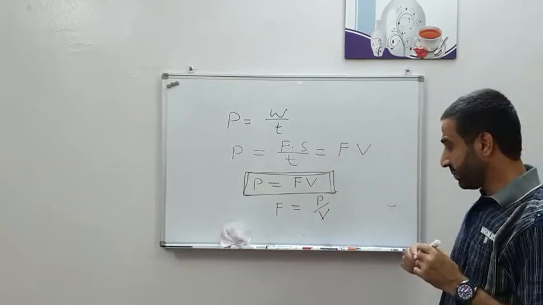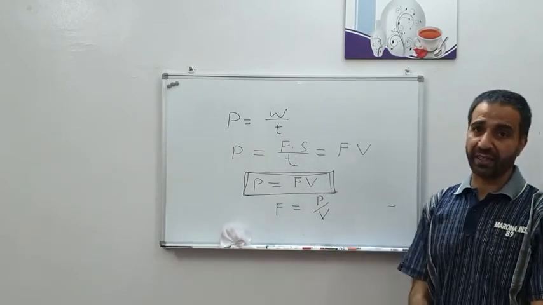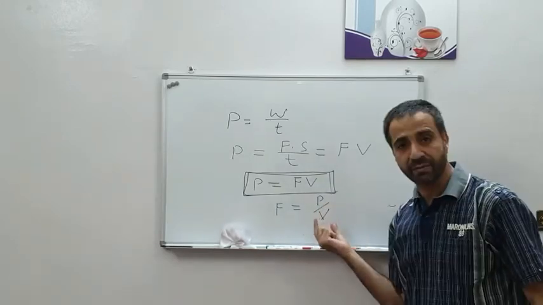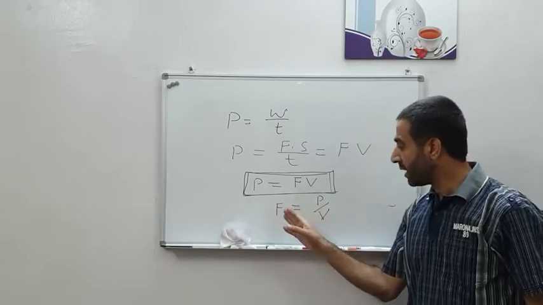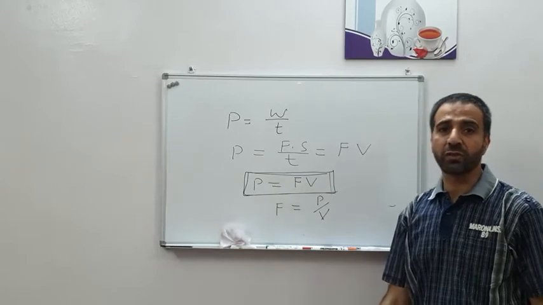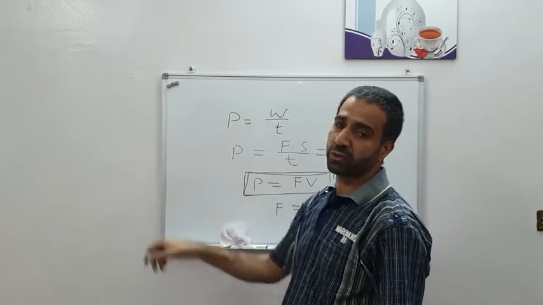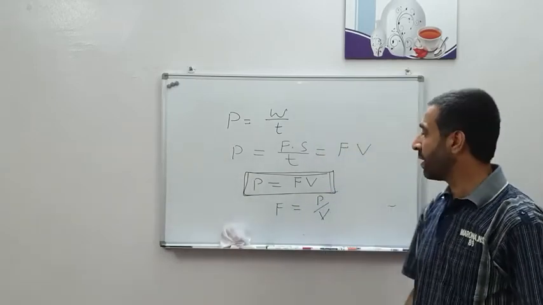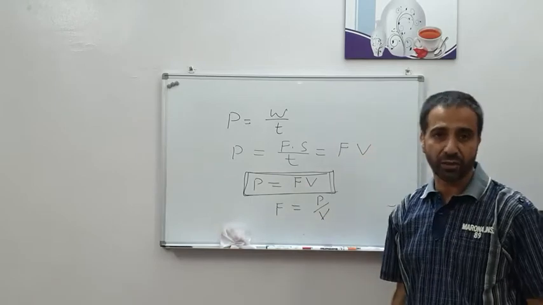So definitely there is power written on your engine, that the power of your car engine is this much, right? And if you know the speed, then you can calculate the force produced by your bike or your car. You can even apply this to your cycle also, right?